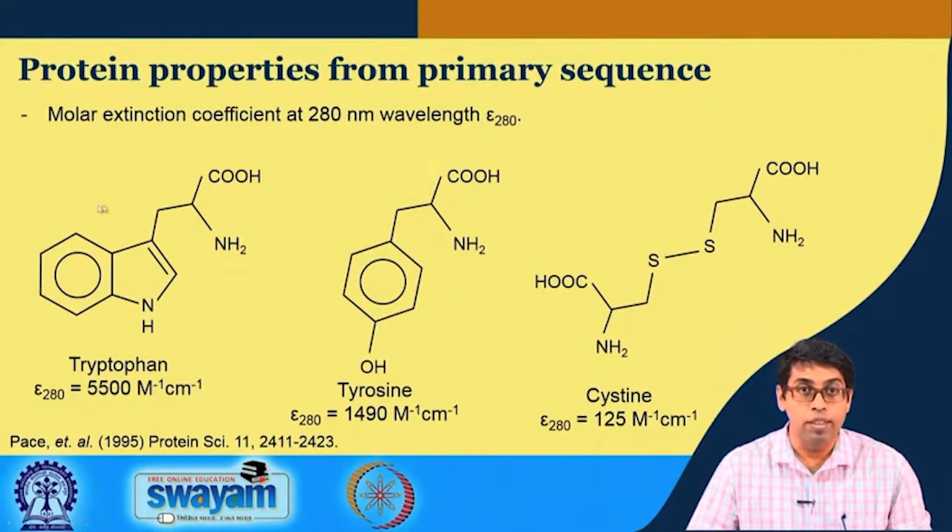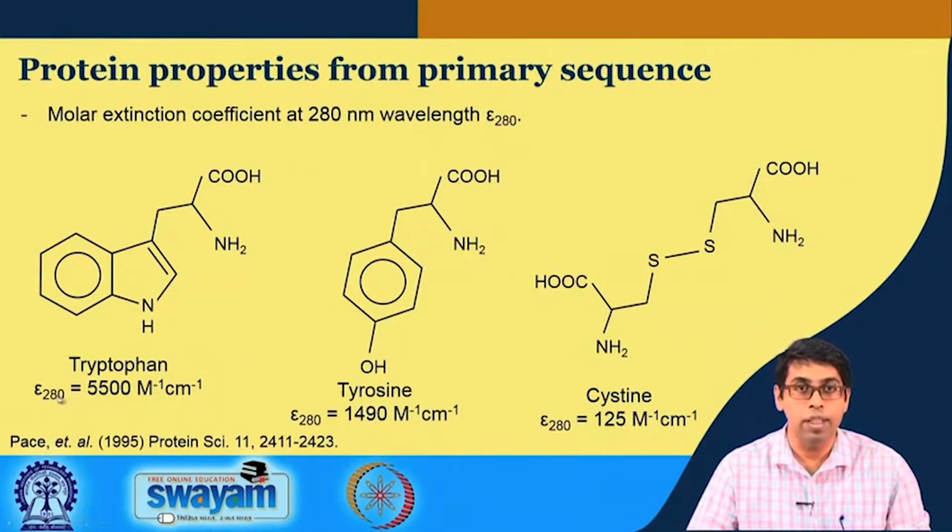Tryptophan absorbs the most, followed by tyrosine, and cystine, two cysteine amino acids forming a disulfide bond, also has a marginal absorption at 280 nanometers.